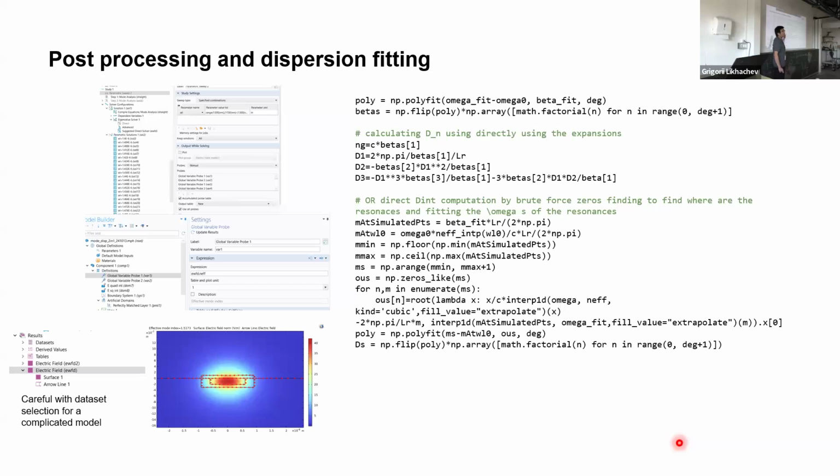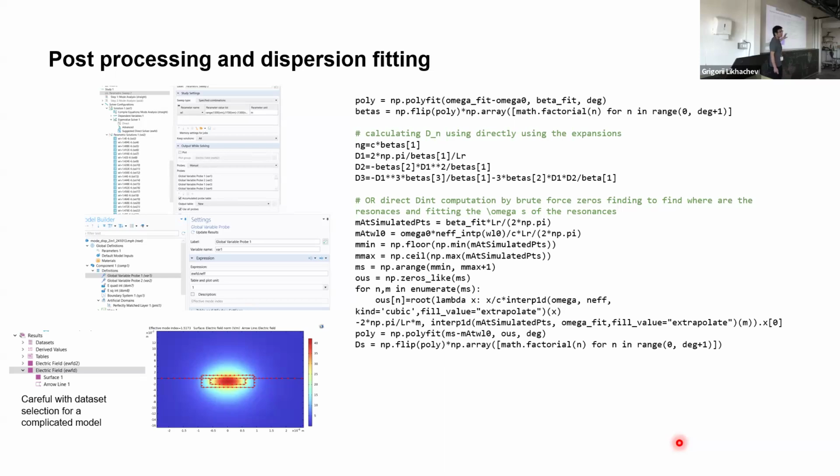Then you can extract the beta parameters, and also you can either directly compute the D2 and D3, the integrated dispersion, by the expansion formula for the lowest orders, or you can solve for several resonances.